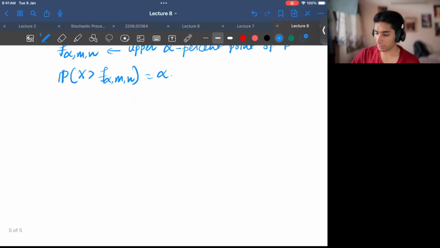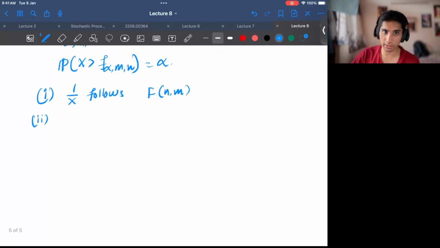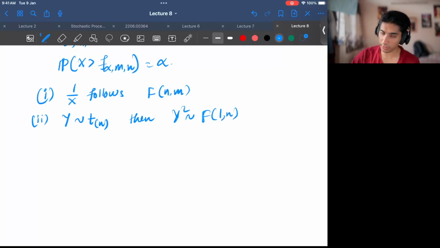And then you have been given a few statements. The first statement is 1 by x follows f n comma m. The second statement says if y follows a t distribution with degree of freedom n, then y square follows an F distribution with degree of freedom 1 comma n.